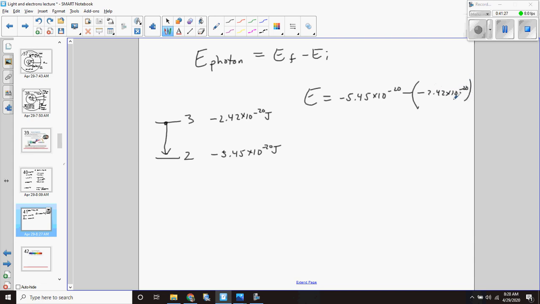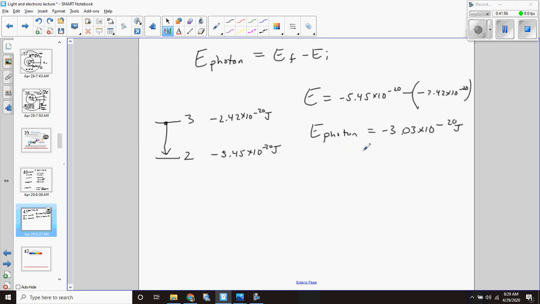The negative makes this a positive, and we end up with the energy of the photon that's being given off. It's still negative because it's attractive energy, but that's when we're talking about attractive energy from an electron to an atom. The energy of the photon that's given off is negative 3.03 times 10 to the negative 20 joules.